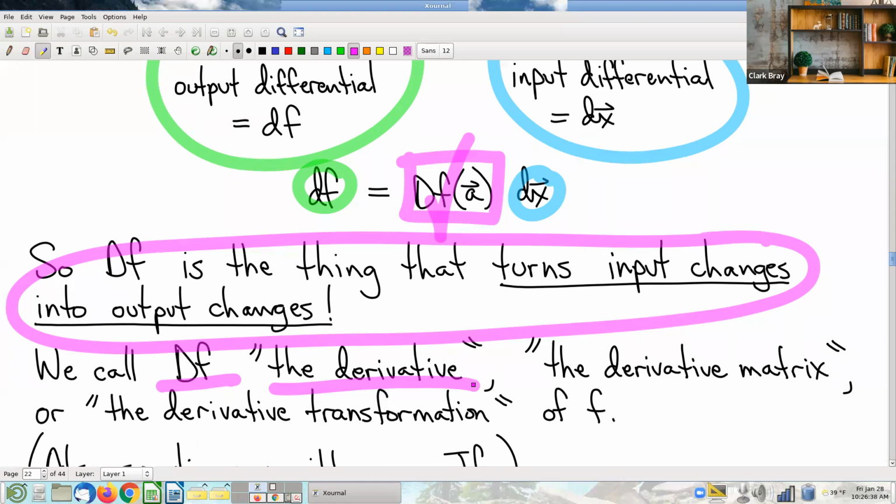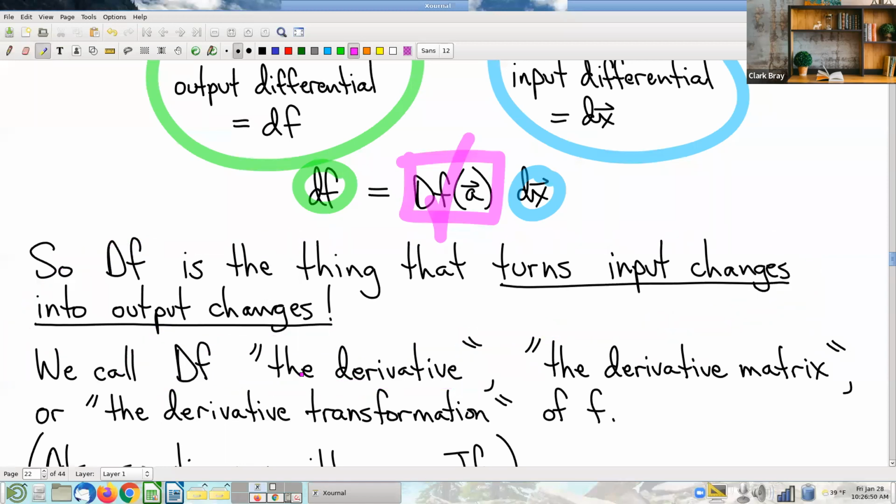All the variables can be changing, any or all, and we look at how the output changes accordingly. So DF is the derivative, and thus, by the way, why we use the letter D, which I was cryptic about initially. We call it D because it is the derivative.